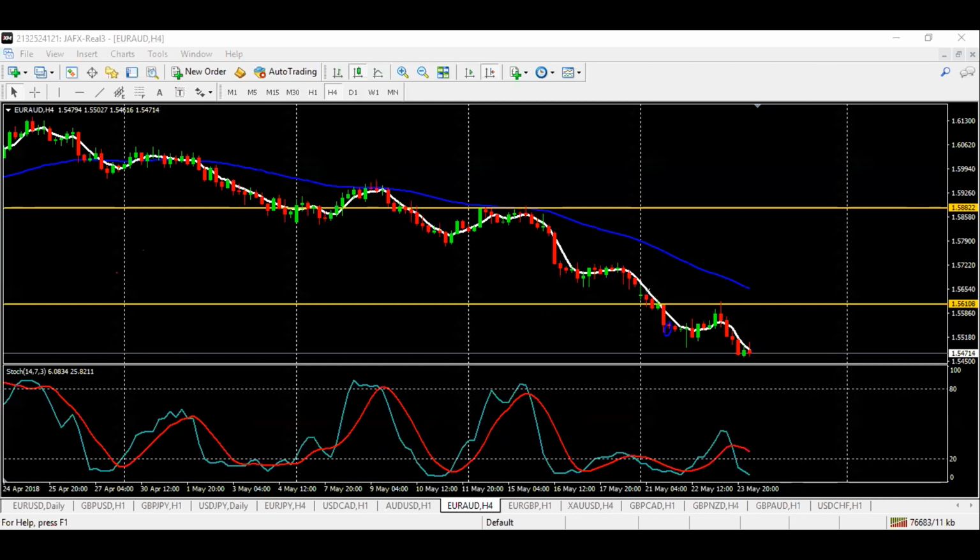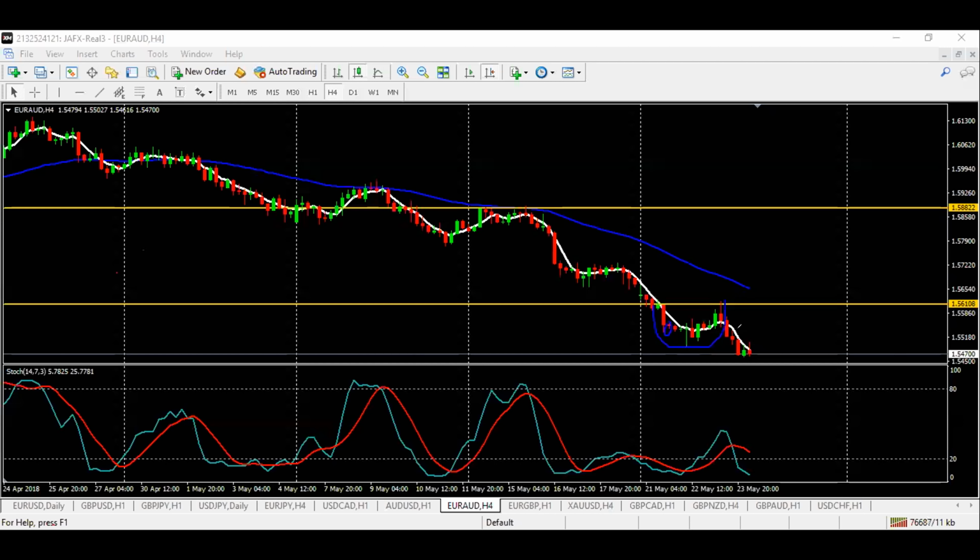There you go, there goes the drop. Now, being that this has been going on a downtrend, you're looking for where it's going to come back up. It could have come back here, or it could have come back here. It didn't make it up this high. It came down to here.